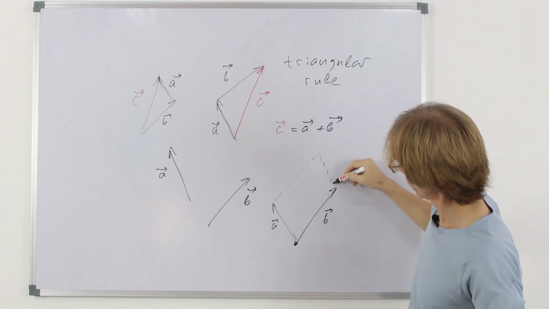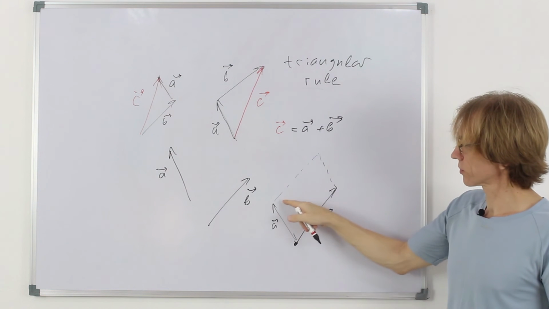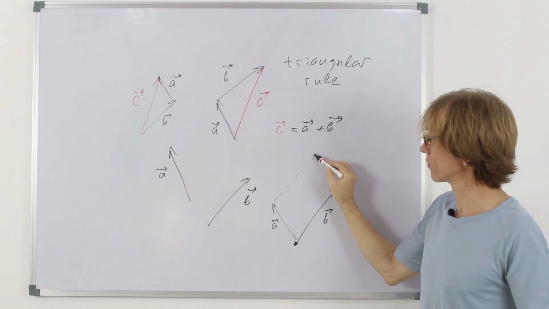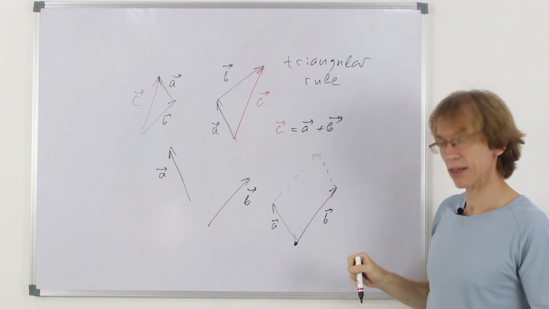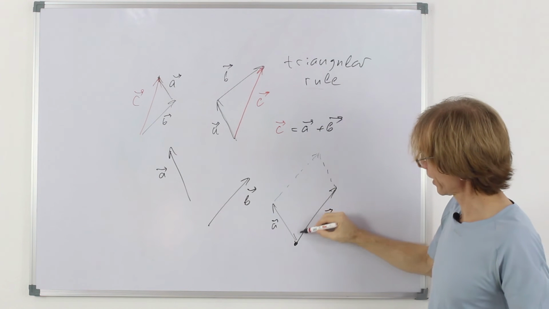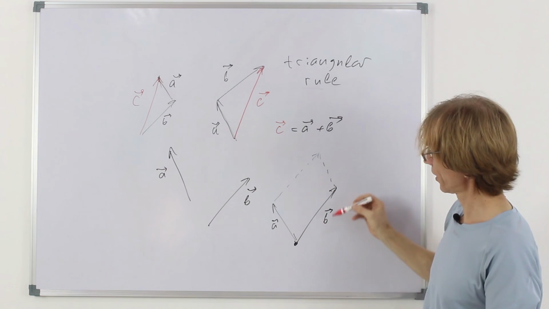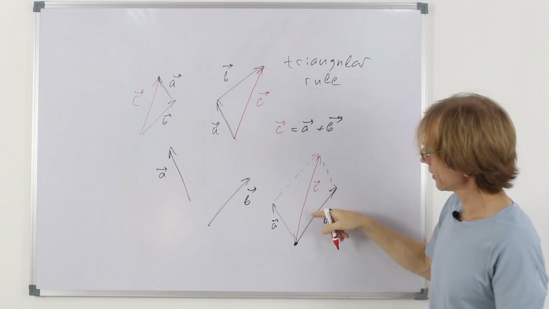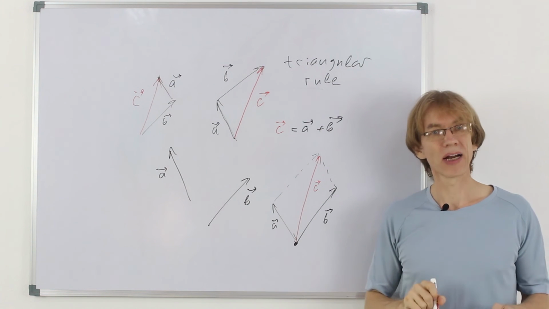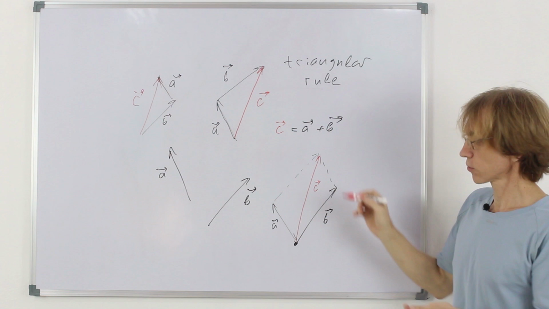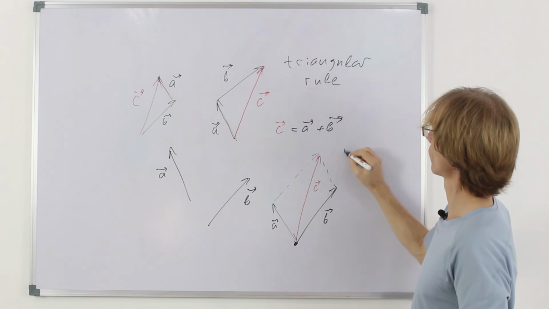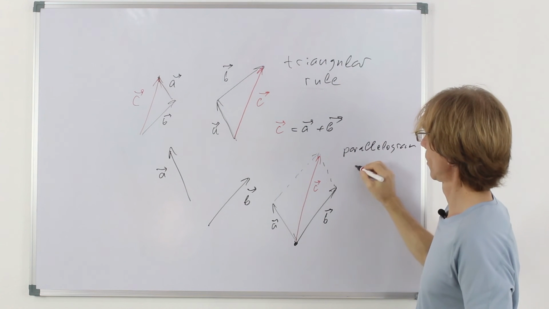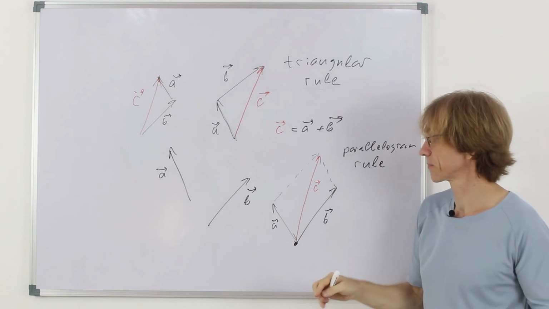So I'm doing this. You can notice that this side is exactly the length of B, and if we draw the direction, it would be exactly the vector B. According to the triangular rule, the sum of A and B would be this line. This line is the diagonal of the parallelogram which we drew. So this is the parallelogram rule.